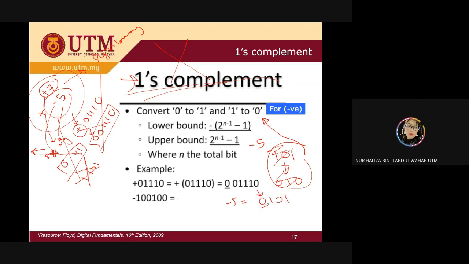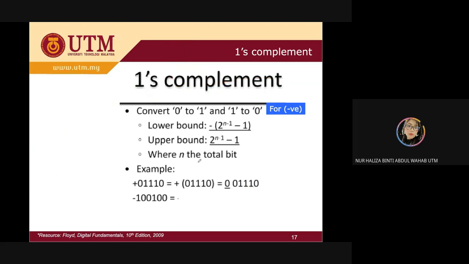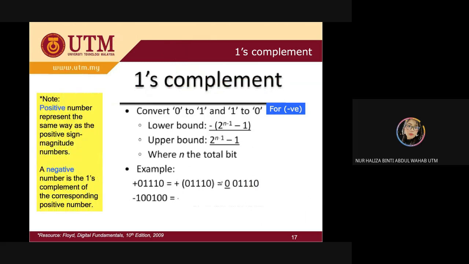This one is not a sign, but this is just for you to complete 4 bits. Later on, you apply the first complement. First complement will be 1010.